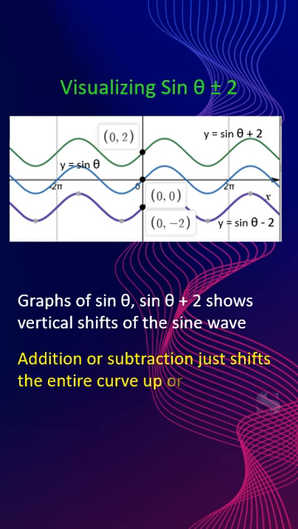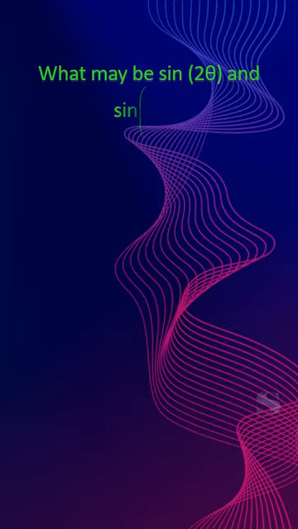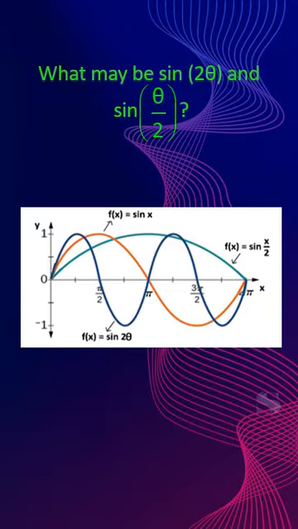Adding or subtracting a value to sine theta shifts the entire curve up or down without changing its shape. What happens when the angle in a sine function is multiplied or divided? This affects the speed of the wave's cycle, thus its wavelength and frequency. One circular motion could be made faster or slower.